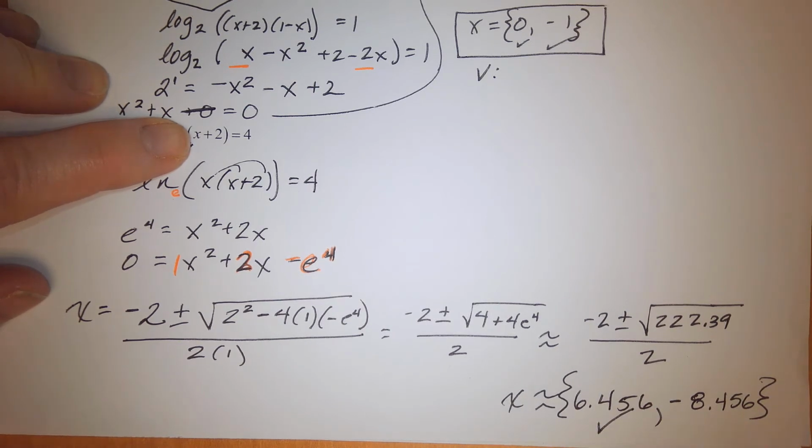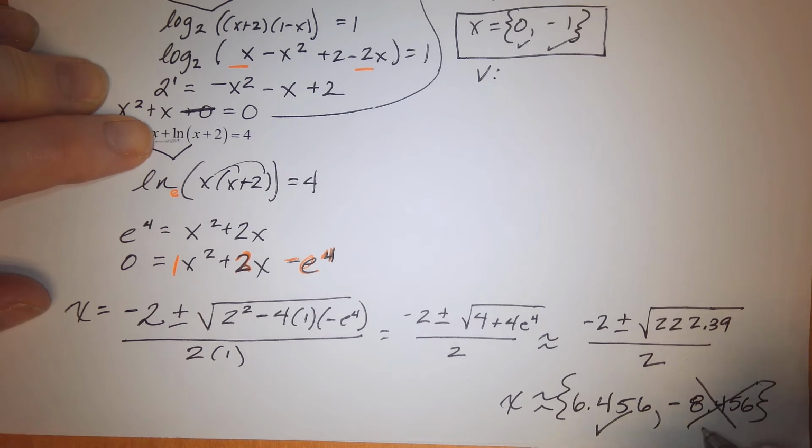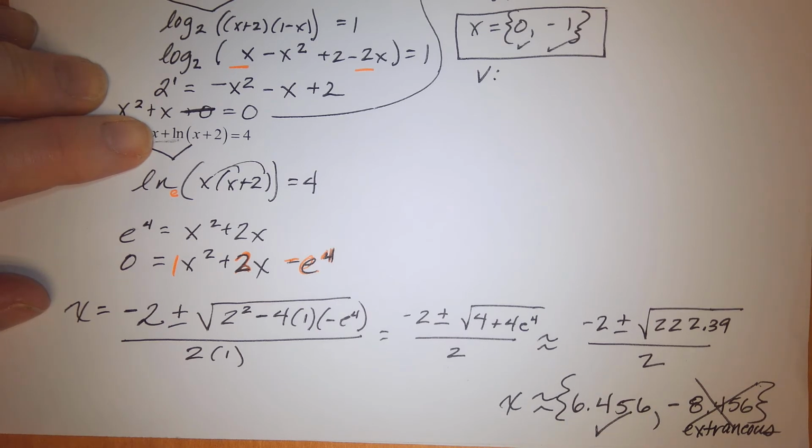However, when I plug in negative 8.456 for this argument, it's negative. It's also negative in this one. But even if it just makes one argument negative, then it is not a solution. That means it is extraneous. So I only have one possible solution for x in this problem, which is approximately 6.456.